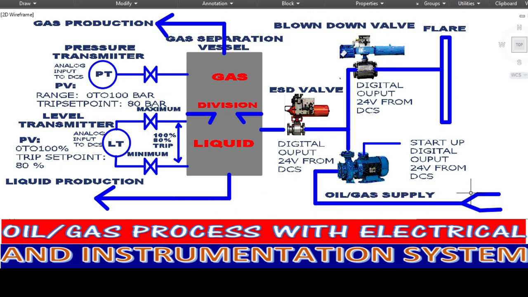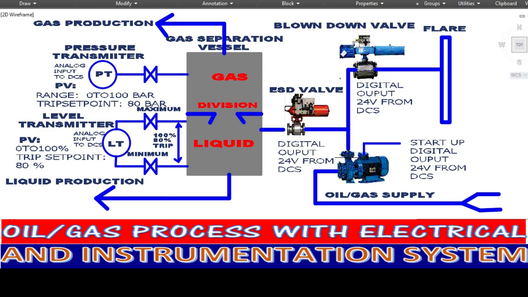As you can see on the screen, we have the oil and gas supply. This oil and gas is coming from a rig or oil heads, and then it comes to the pump. This pump fills the gas separation vessel, and aside from this separation vessel, there are two divisions: one for gas and one for liquid.